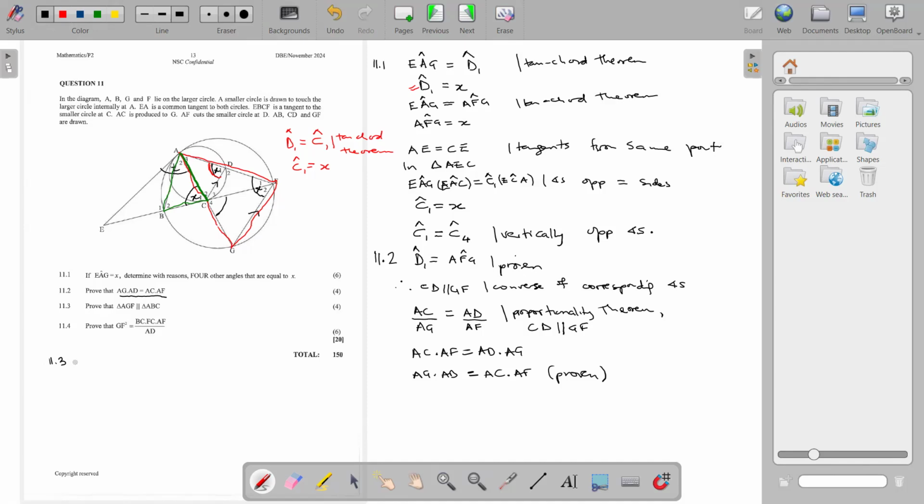We have an angle AFG, which is equal to angle ACB. It's first, third, second.